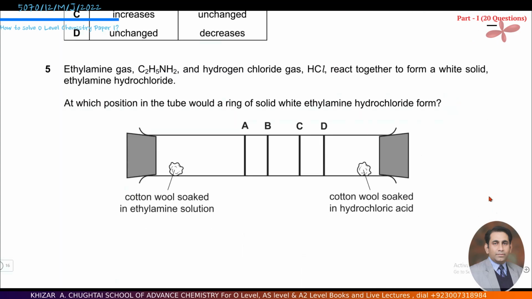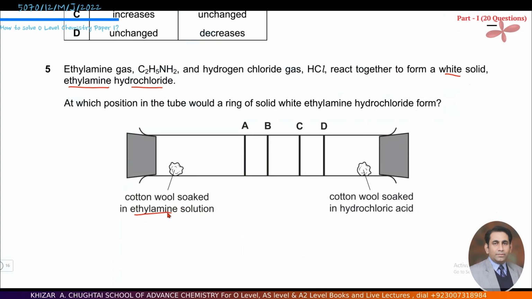Question number 5. Ethylamine gas C2H5NH2 and hydrogen chloride gas react together to form a white solid, that is ethylamine hydrochloride. At which position in the tube would a ring of the solid white ethylamine chloride form? First of all, I'm going to check their masses.